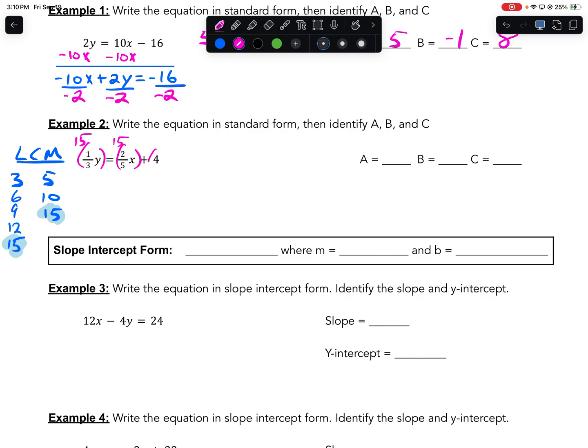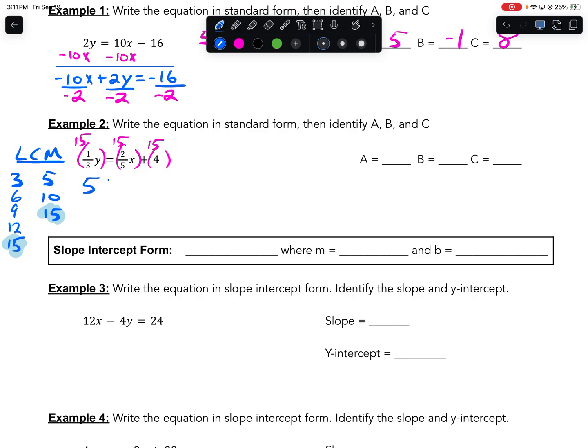So show it, don't write the whole thing in parentheses. Show the 15 on every part, because you'll make a mistake and it's annoying making careless errors, so just don't do it. So when I do this, Hunter, what do I get for the first term? 15 divided by 3 is 5.